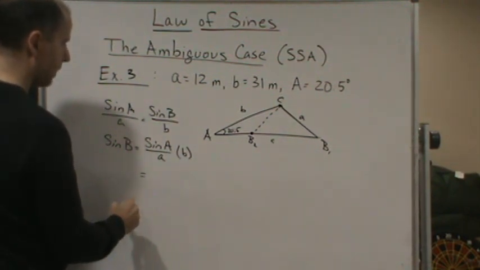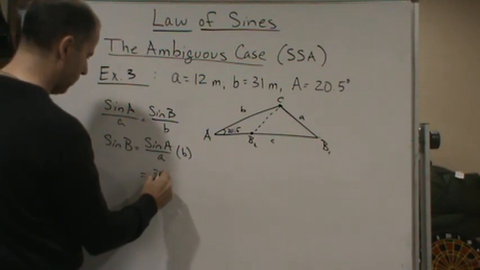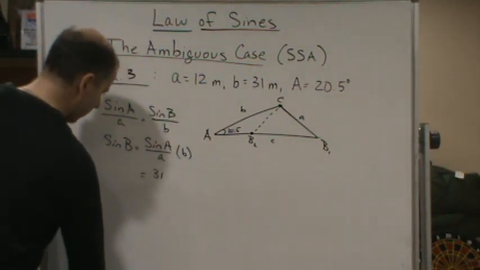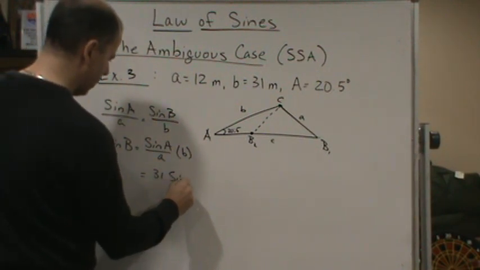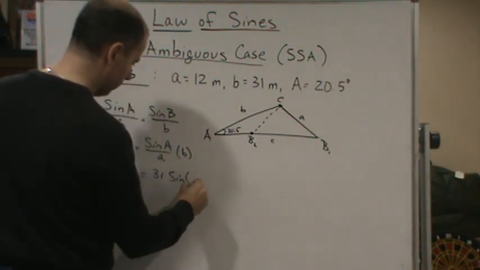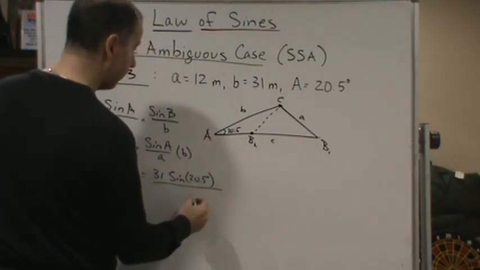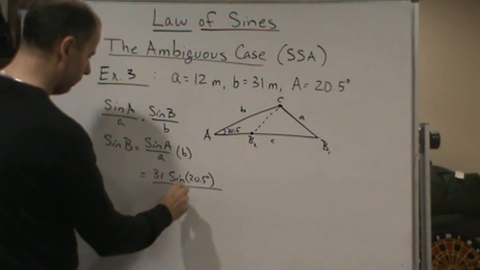So that means I'm going to get b, which is 31. So 31 times sine of 20.5 degrees divided by 12.